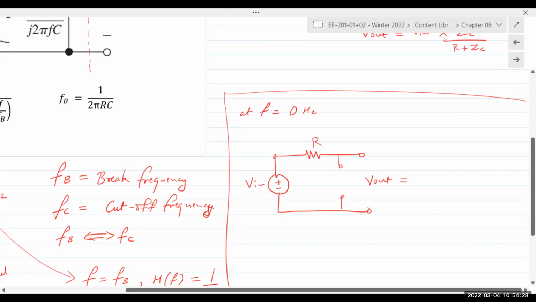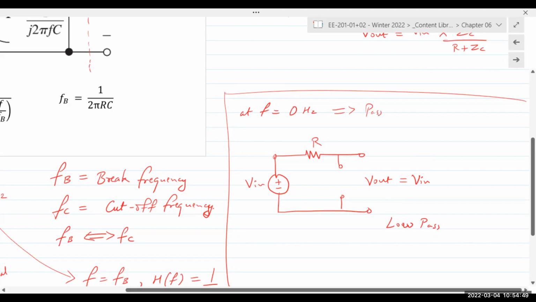V out is equal to V in. So low frequencies, as F tends towards 0, are allowed to pass. So this is allowed to pass through.